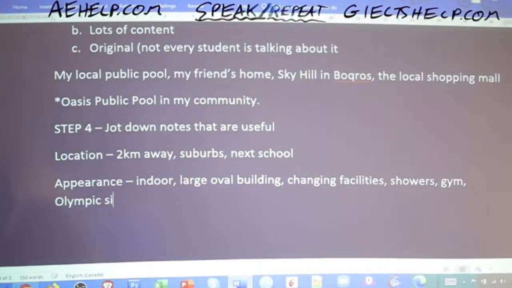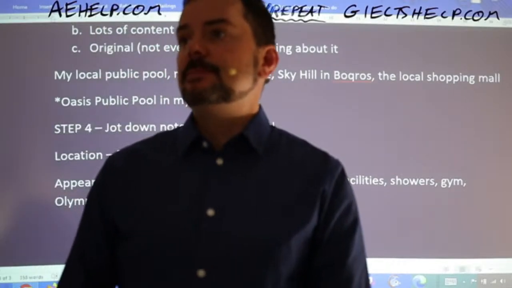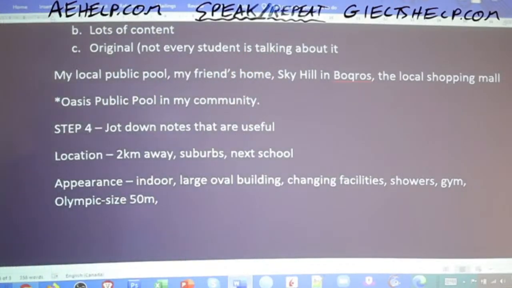Olympic size. Okay, public pools are usually 50 meters if they're Olympic size, or if they're half Olympic size, they're 25 meters, okay? Okay, Oa says 2 meters deep. Yeah. All right.